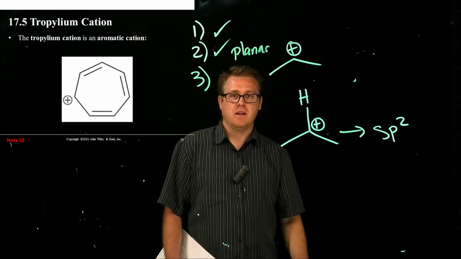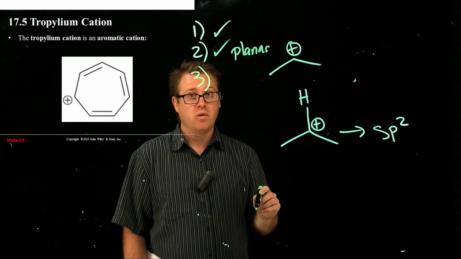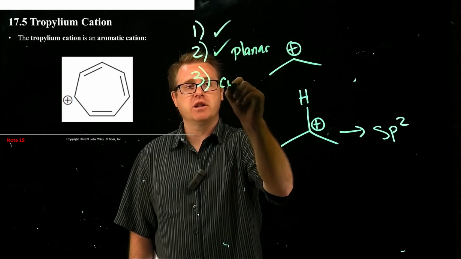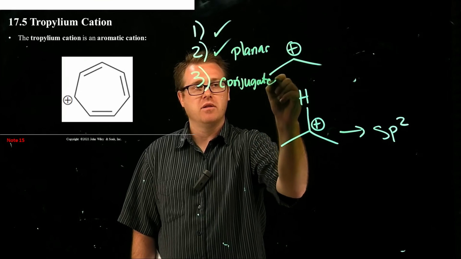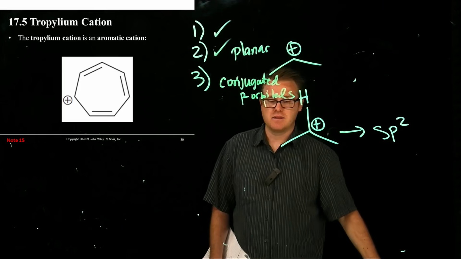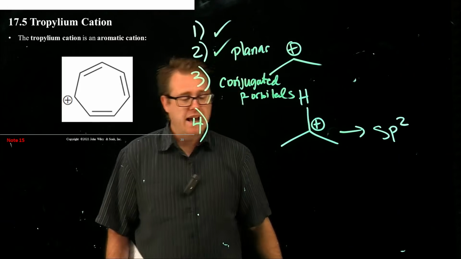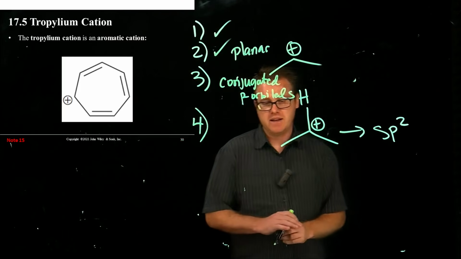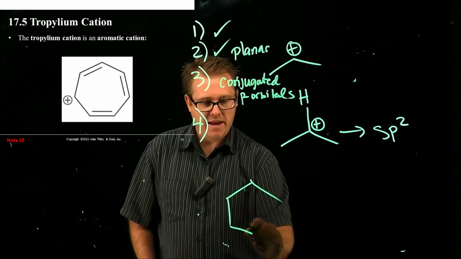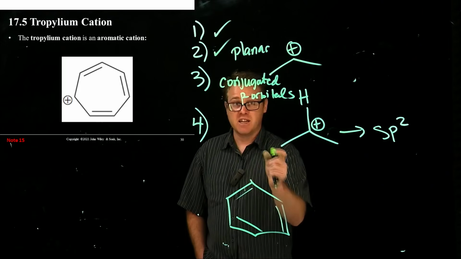Step 3, every single carbon has a conjugated p orbital. Is it conjugated? P orbitals? Yes, it does. Every carbon has one. That gets a little tricky, because previously when we looked at benzene, we see it's conjugated because it alternates double, single.